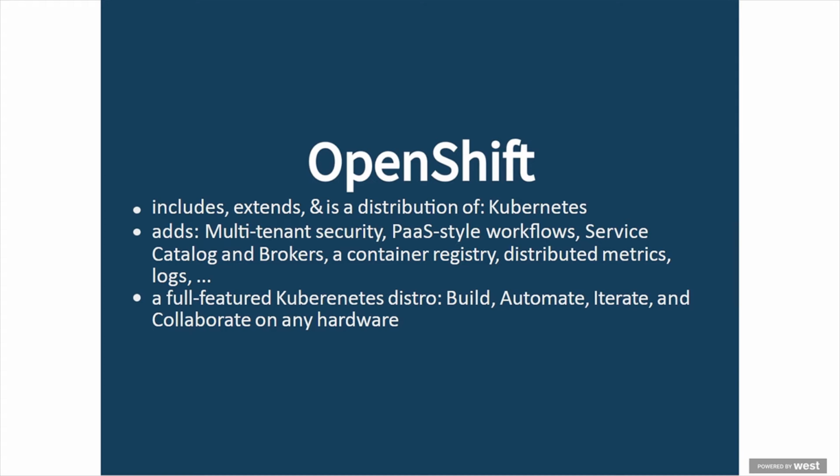I'll get more to the offerings at the end of the slides, but at a very high level, OpenShift really tries to include and extend and be a distribution around Kubernetes in order to help you be more successful and more productive. Same role that we play relative to the Linux kernel. We don't just give you the Linux kernel and say good luck.